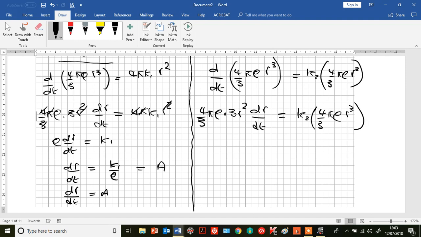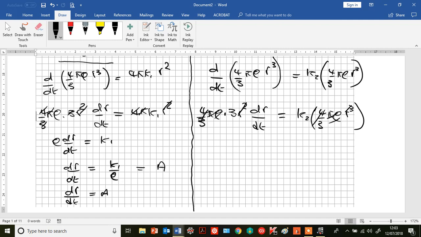You can see that the 4/3 cancels, the pi and the rho cancel, and we're left with the 3 over there, but the r squared cancels with two of the r's over there.